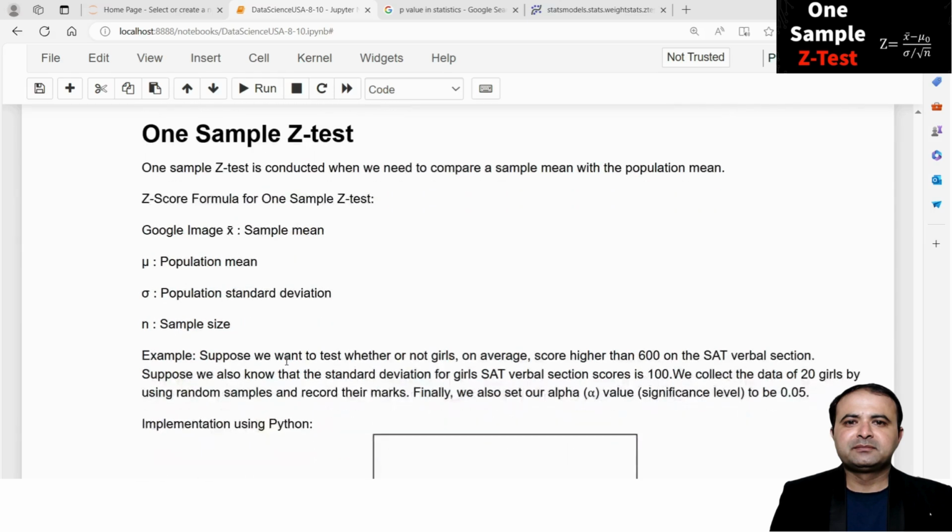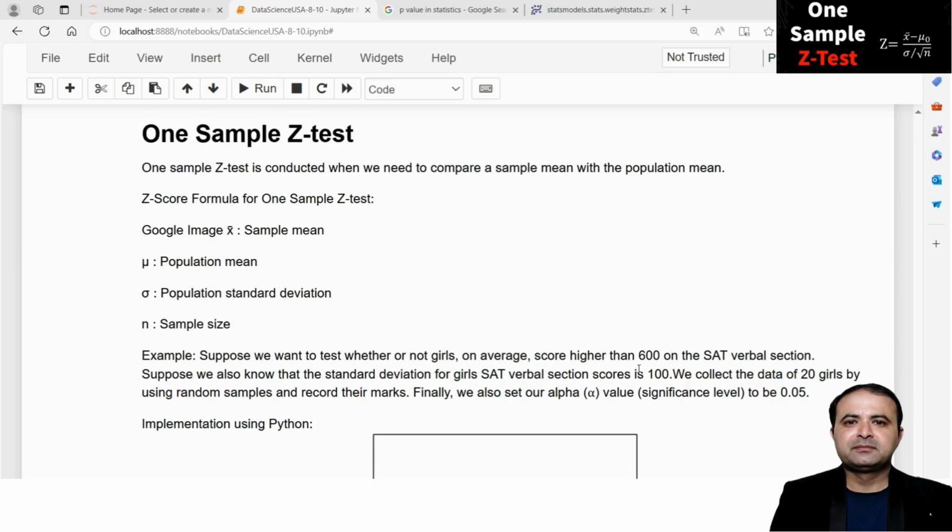So let's take an example. Suppose we want to test whether or not girls on average score higher than 600 on the SAT verbal section.